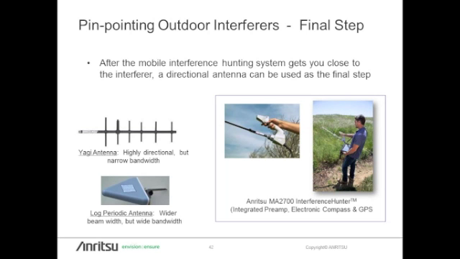Log periodic, you can get gigahertz worth of bandwidth, but the beam width is broader, so it's not as directional when you're trying to pinpoint something. And again, we're showing the InterferenceHunter portable version, a tool for the final step of identifying the interferer.